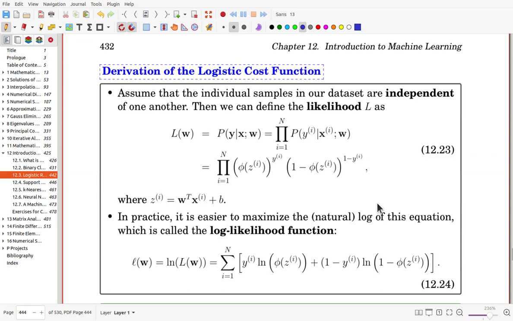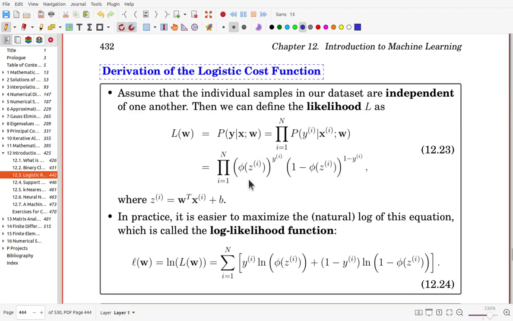Okay, here we begin a derivation of the logistic cost function. We assume that the individual samples in our data set are independent of one another. Then we can define the likelihood L as in this equation.